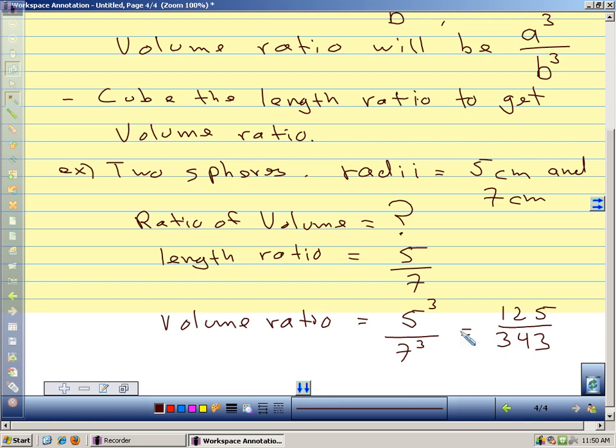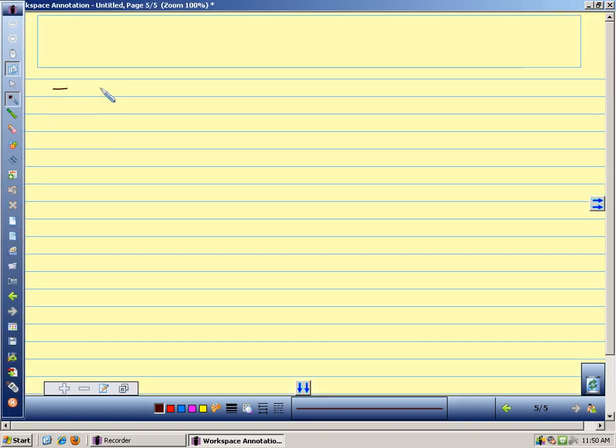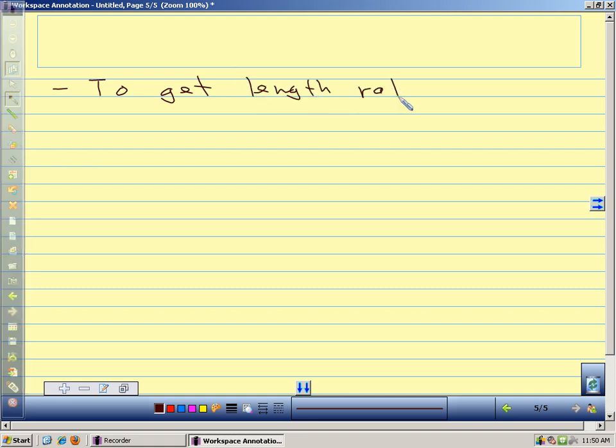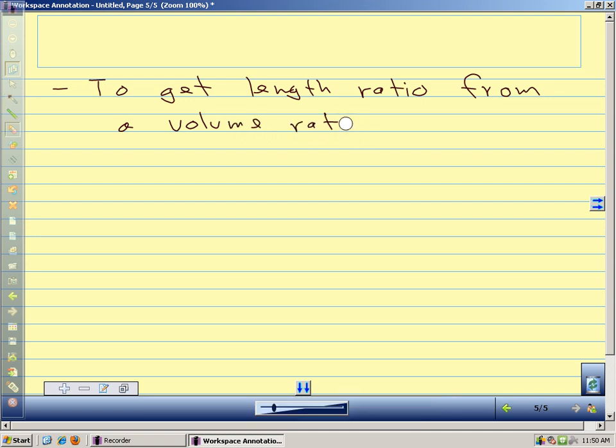To go from a volume ratio to a length ratio, we take the cube root.